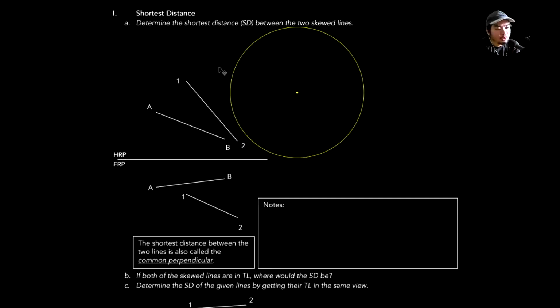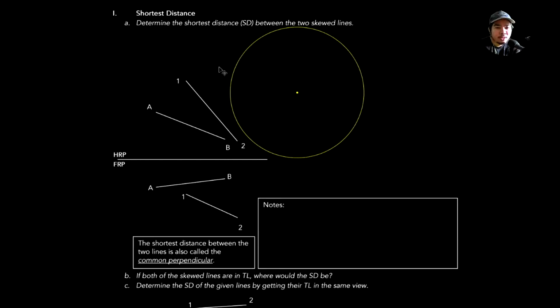Common perpendicular is your shortest distance, no? So, hindi necessary, no? Kasi posible na yung shortest distance is actually at a section of the line that is not part of the segment, no?